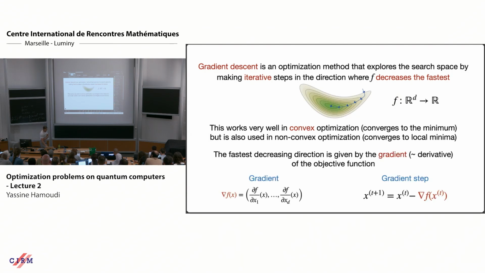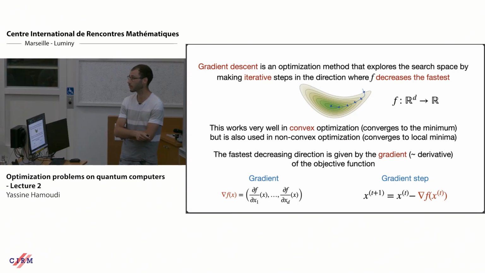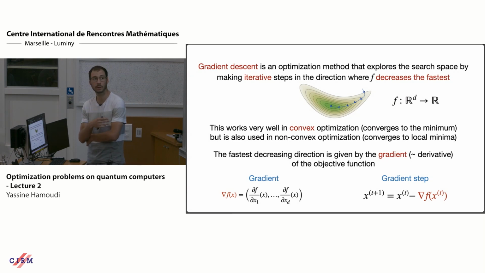Mathematically, this is how you could phrase gradient descent. You take the derivative of the function, which is a vector of dimension d, and a gradient step consists of starting from the current iterate and making a move in the opposite direction of the gradient. There are a lot of variants of this technique.